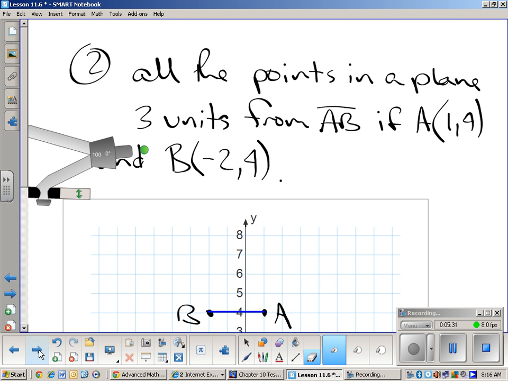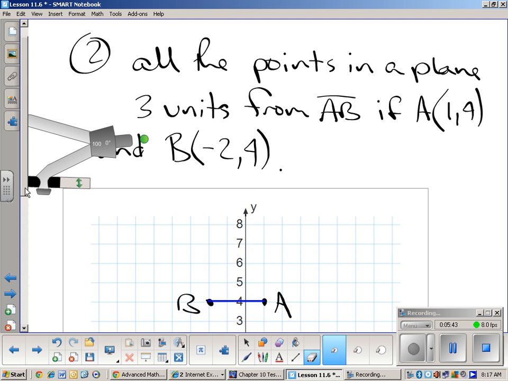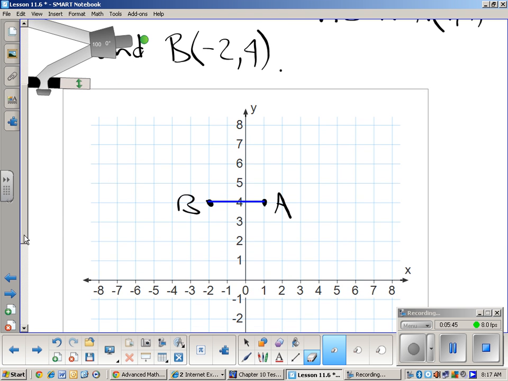Some are a little more tricky. All the points in a plane 3 units from the segment AB. If A is 1, 4 and B is negative 2, 4, so here's our segment. This is 1, 4, and this is negative 2, 4.